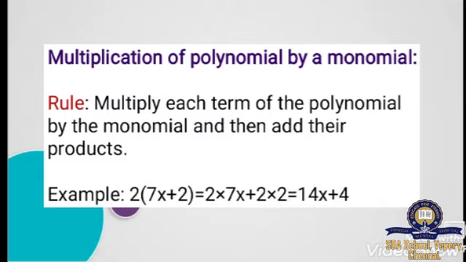So 2 into 7x plus 2 into 2, which means we take this 2 inside. Now we multiply to get their products. 2 into 7x gives 14x. In the same way, 2 into 2 is 4.